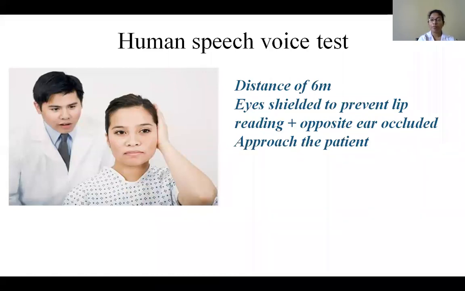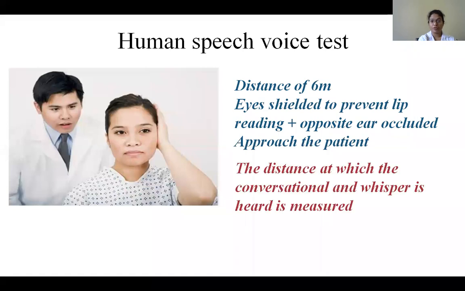The opposite ear is occluded, so the testing ear is unoccluded. Slowly, from a distance of 6 meters, the examiner starts approaching the patient while simultaneously speaking. The distance at which he first hears a conversation at normal voice and then when he hears a whisper, both are measured.